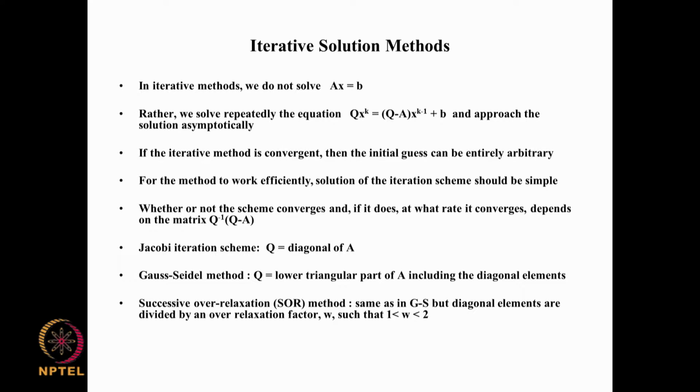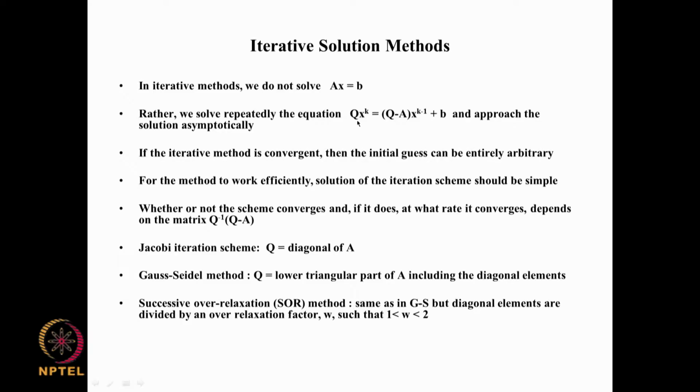So for an iterative solution method to be effective from a computational point of view, finding Q should be easy, solving this equation should be easy, and how many such equations? There are n such equations, where n is the number of variables.